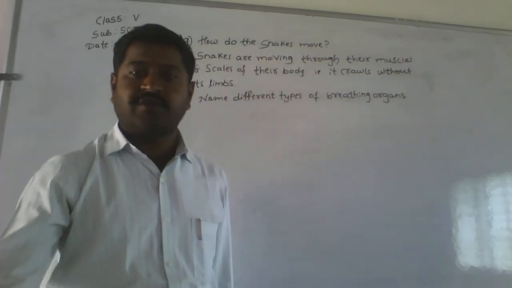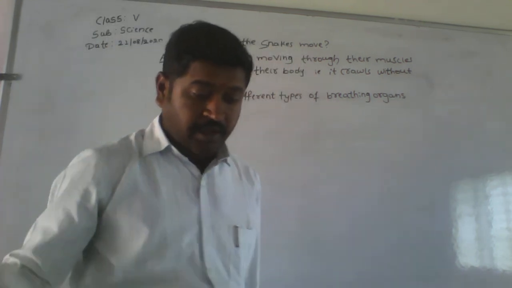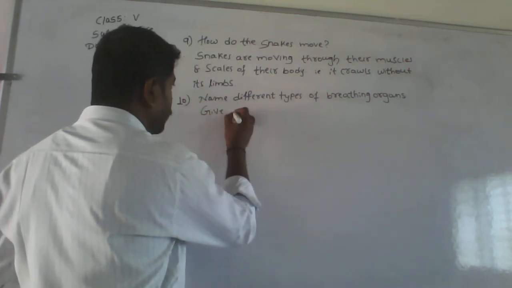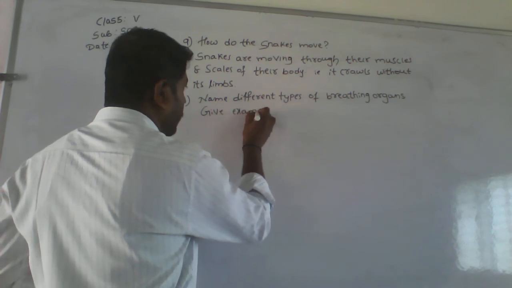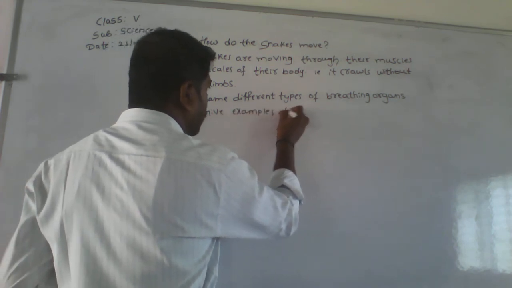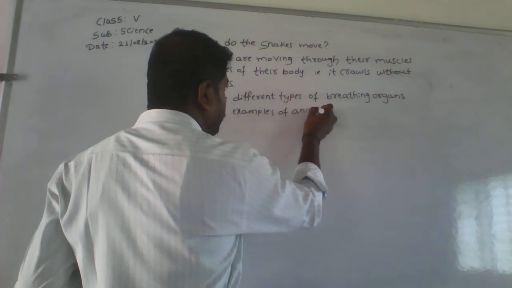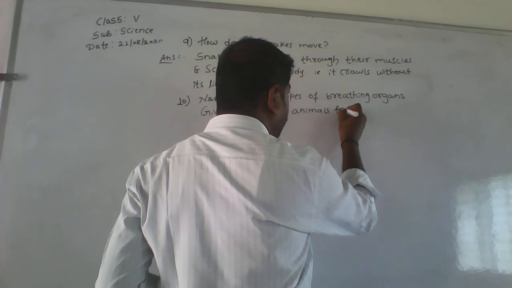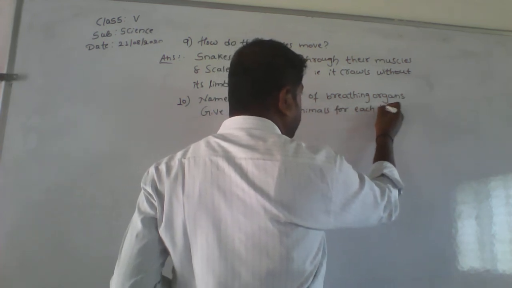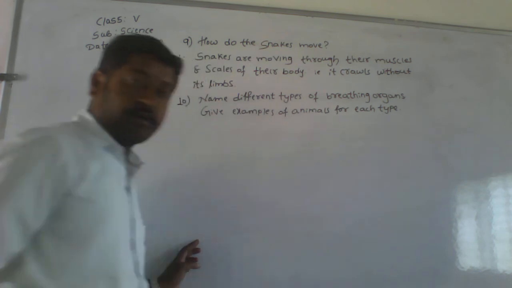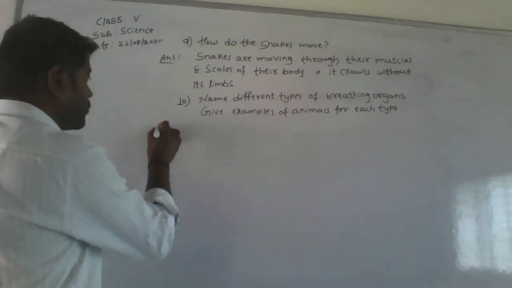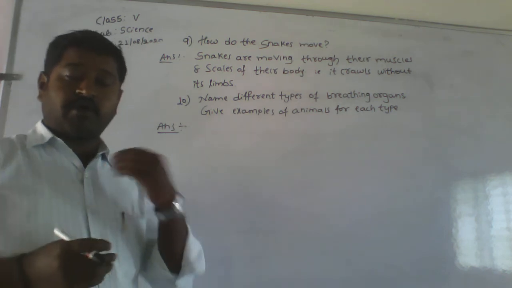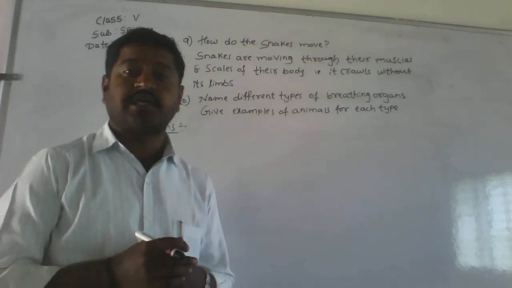Name different types of breathing organs and then give examples of animals for each type. Okay. So what you have to do? First, we should write which are the breathing organs, and for every breathing organ we have to give examples.